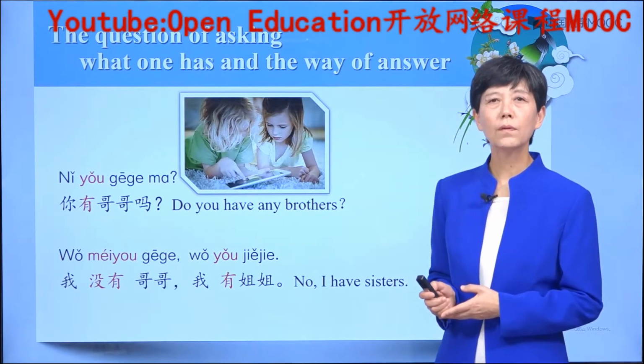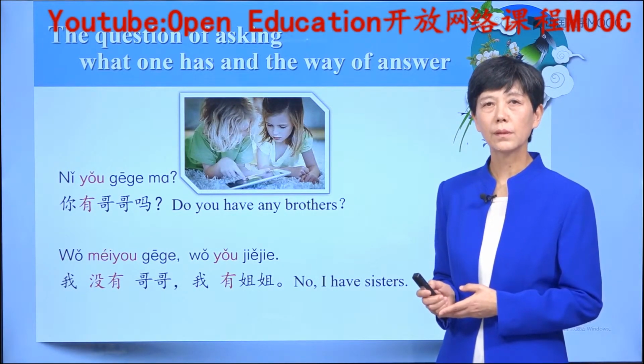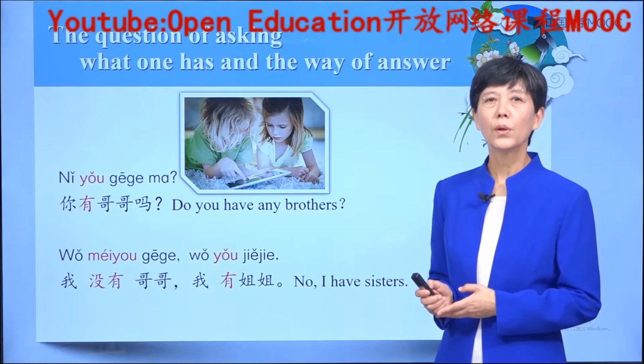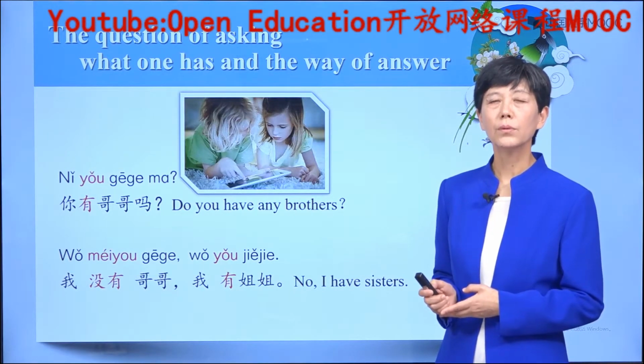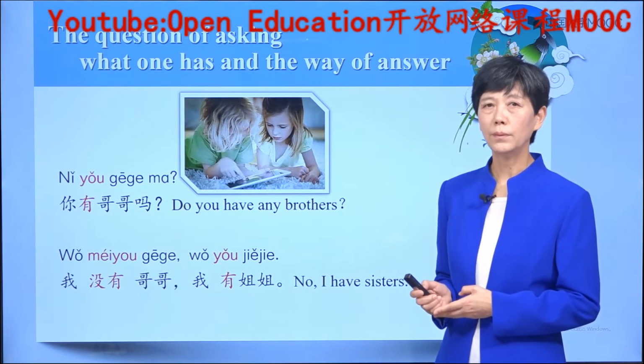Now you have learned the verb 有 in the sentence 我家有5口人. But the function of this verb will be a little different in Chinese from English. We use 有 in two cases in Chinese. One is for there is something in some place, such as 我家有5口人.